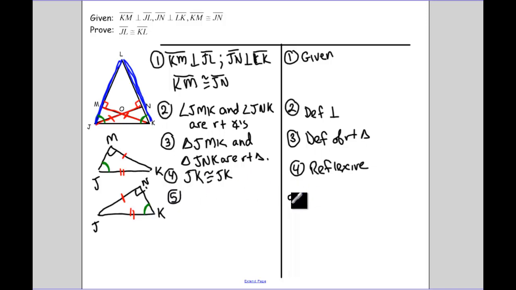Then, now that I have that, I know that triangle JMK is congruent to triangle, alright, I gotta make sure I do this correctly. I started with J. J is equal to K, so K, my right angle's in the middle, so NJ by hypotenuse-leg.